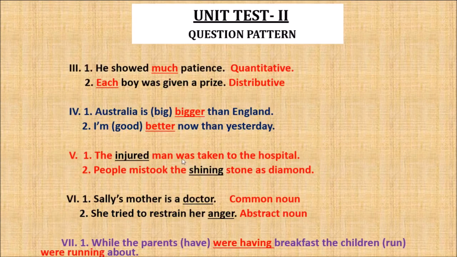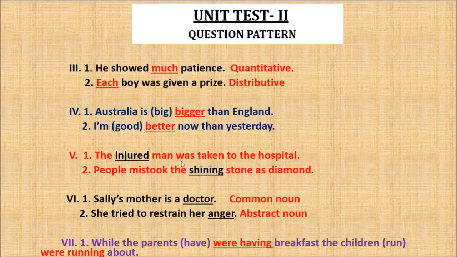Children, a participle adjective is nothing but adding ed or ing to a verb. A verb ending with ed or ing is called a participle adjective. This is the easy way to answer the questions. Wherever you see an ed word or ing word in a sentence, that will be a participle adjective. For example, the injured man was taken to the hospital. Is there any ing word here?